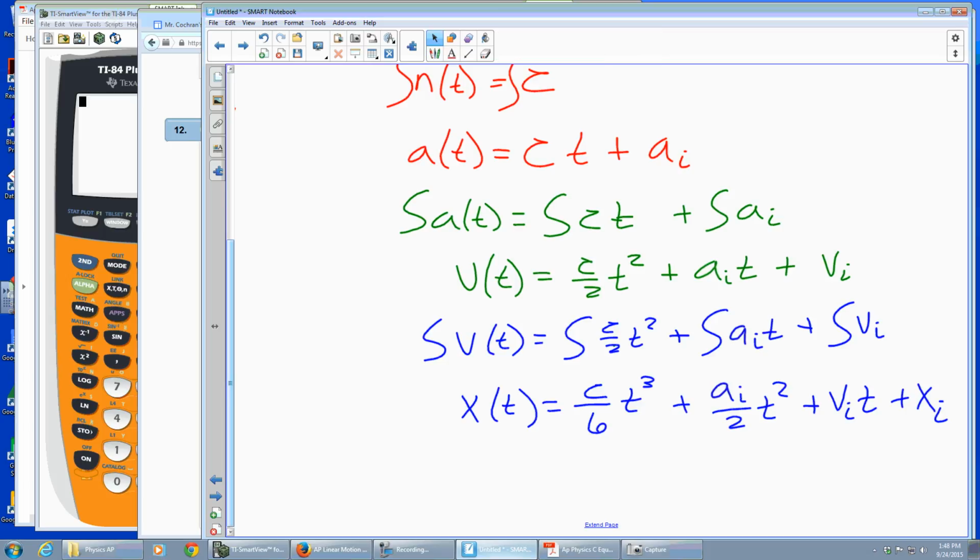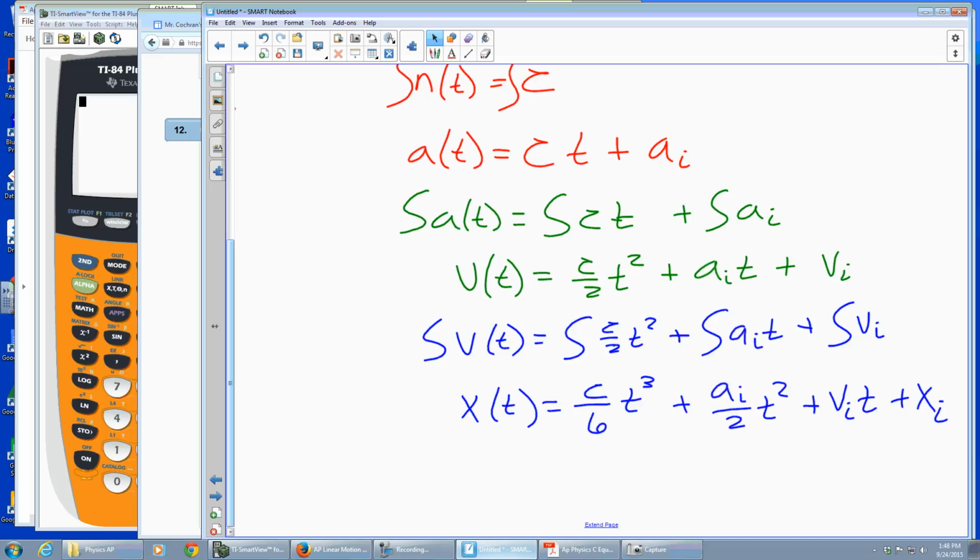So now all we have to do is make that pretty to put in. The integral of jerk is acceleration, the integral of acceleration is velocity, the integral of velocity is position. Each time taking into account that T is what you're integrating with respect to, and bringing in those constants of their initial conditions. All right?